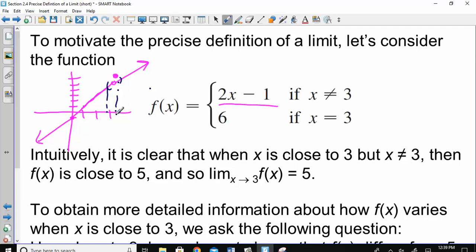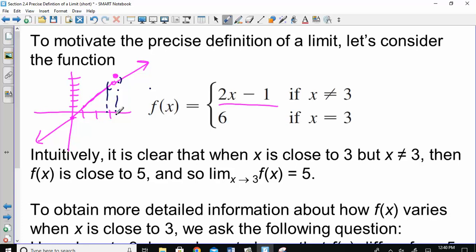Okay. And if I wanted to be even more precise, what would I have to do? Make my window bigger or smaller? Smaller. And the more accurate you want to be, the closer to 3 you would have to get. Does that seem reasonable to everybody? Yeah. Okay. So the true definition of a limit says this limit equals 5 as long as you can get more precise by making your x get closer to 3.